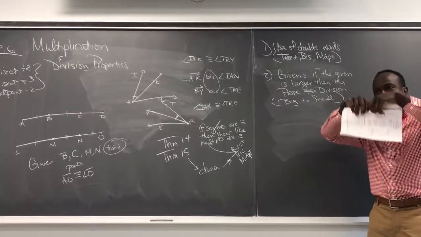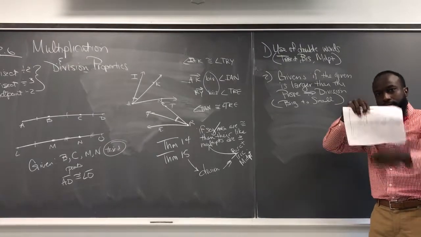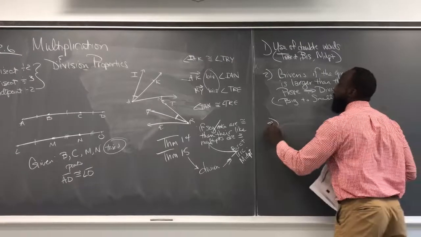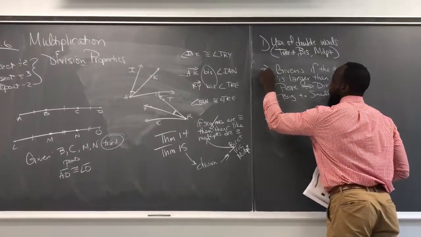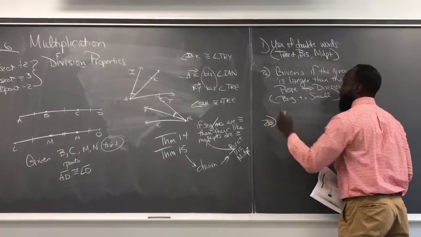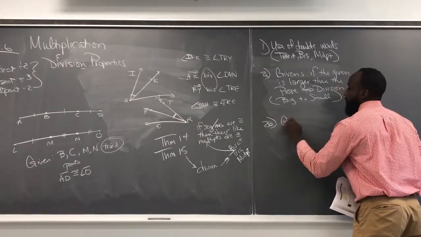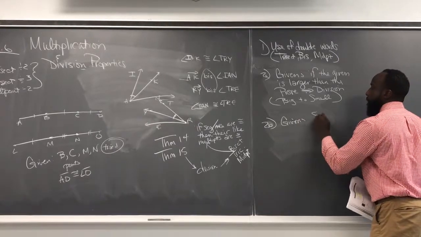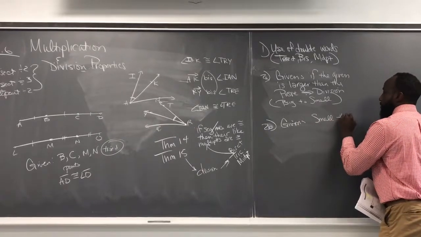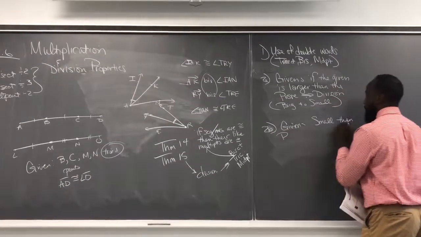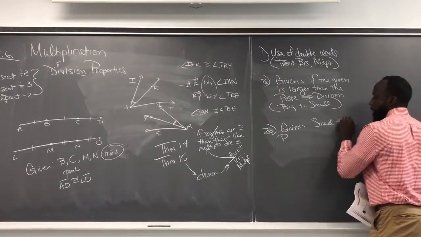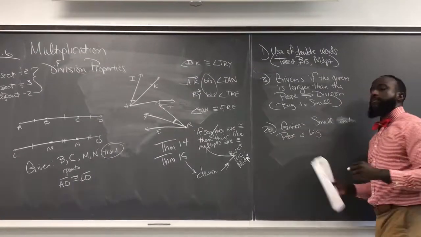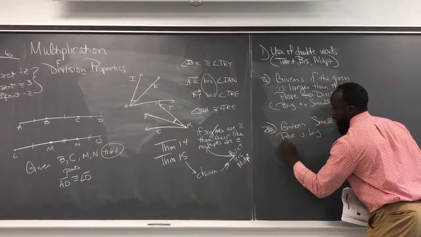If I bisect this or cut this in half, it went from big to small. I divided it, right? Let's look at it this way. If the given is small and the proof statement is big, so if the given is smaller than the proof, then we have multiplication.